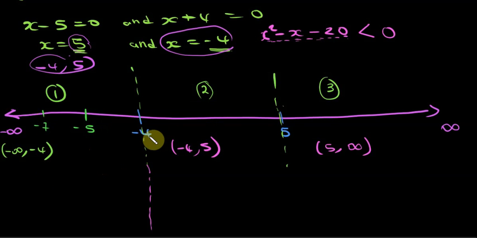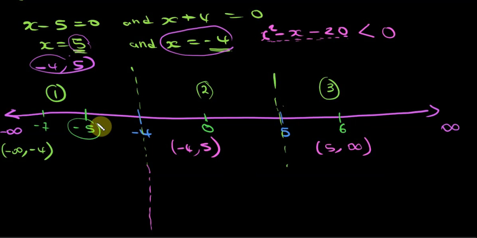In the region from minus 4 to 5, I can use minus 3, minus 2, 0, 1, 2, 3, any of those. So I'll use 0. In the last region, I'll use 6. Let's test these points out.